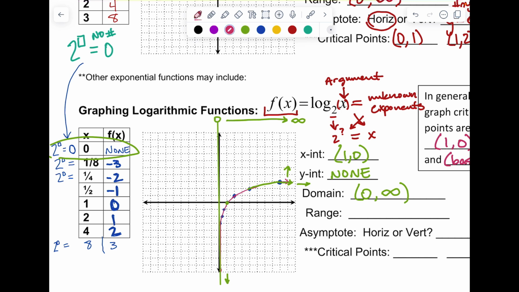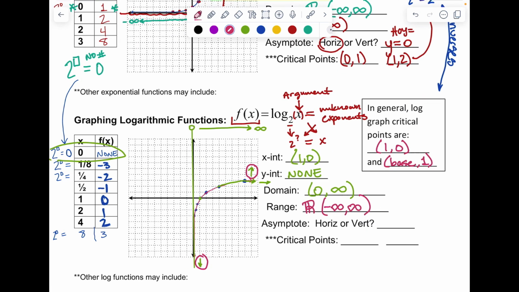But for range, we're really worried about the fact that it's going up and down forever, and we would call that all real numbers, or negative infinity to positive infinity. We did say that we have a vertical asymptote.